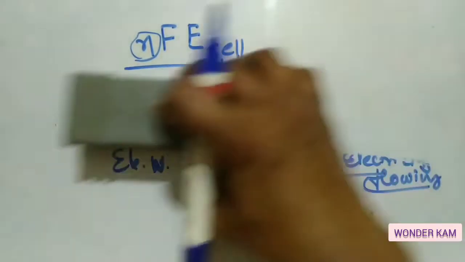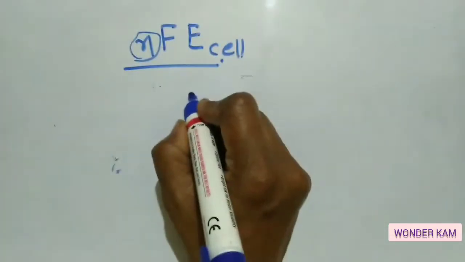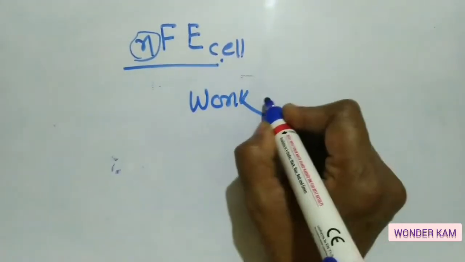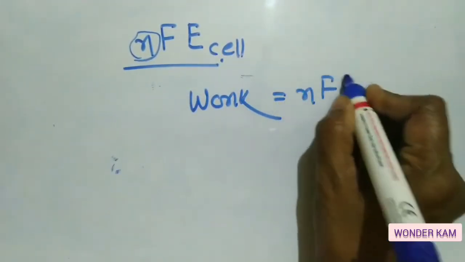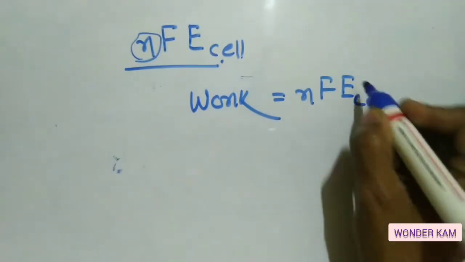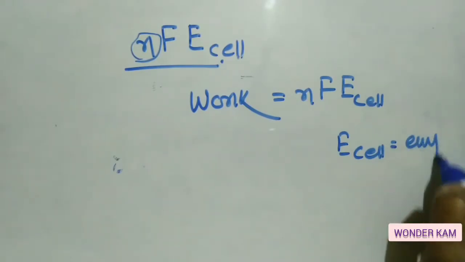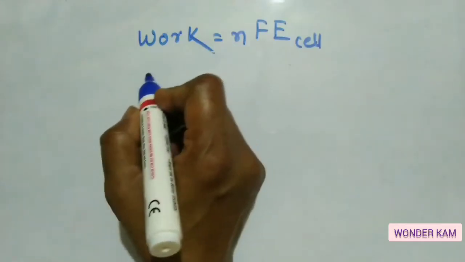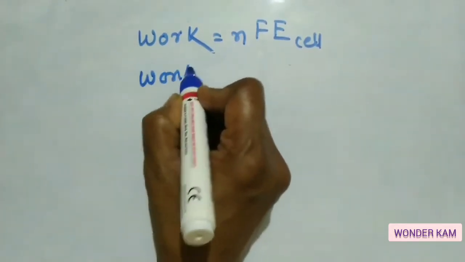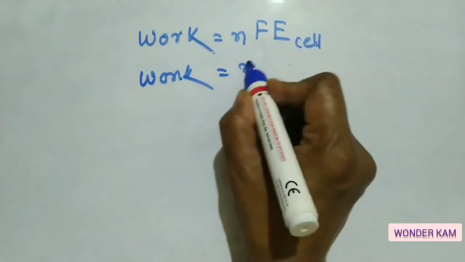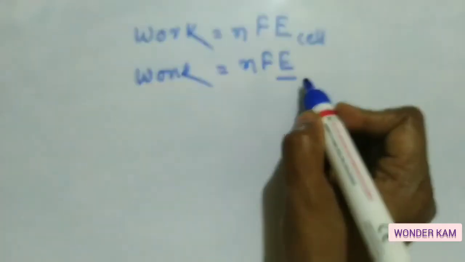So the electrical work done from the cell is nFE cell, where E cell is the cell EMF. For a single electrode, the maximum work can be written as nFE, where E is the electrode potential.